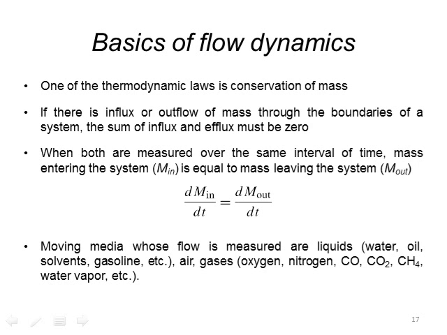And we use this consistently in the field of fluid dynamics. When both influx and outflux or efflux are measured over the same time interval, then we can come up with this differential relationship: dm in over dt is equal to dm out over dt.